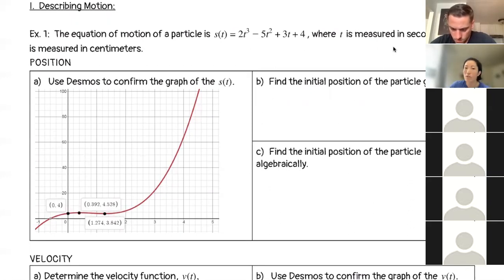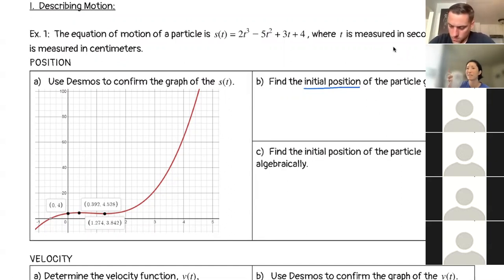But I'm wondering if we can use the information on our graph and from the equation to answer parts B and C, okay? So part B says, find the initial position of the particle from the graph, right? So I'm wondering if from looking at the graph, you can tell me, where does that particle start initially? Yes, and initially meaning t equals 0.